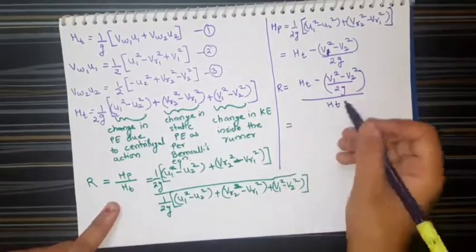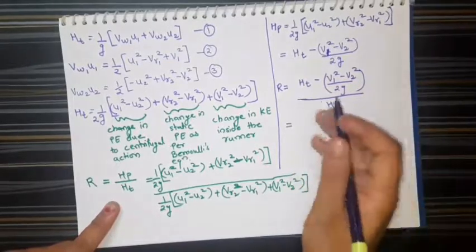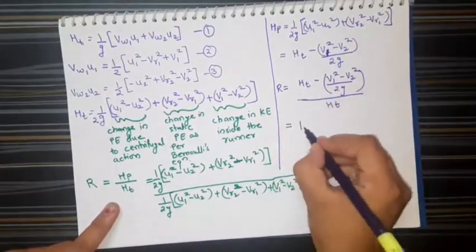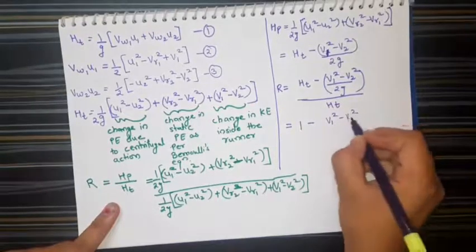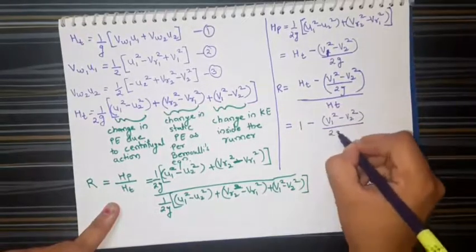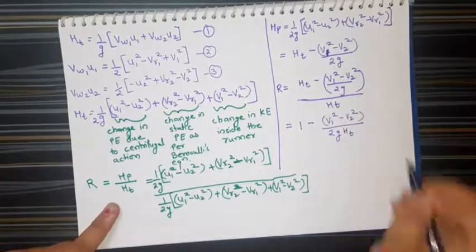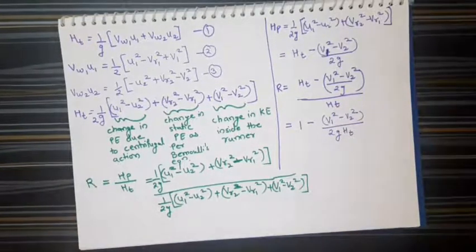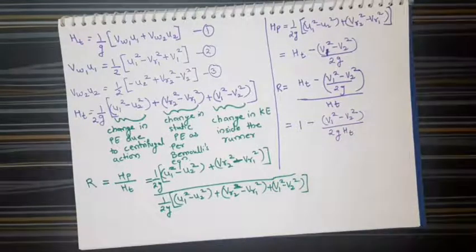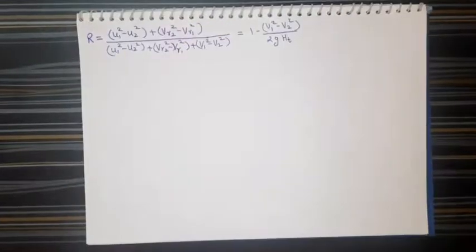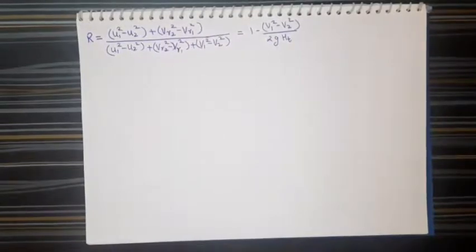So if we separate both the terms, then we will get 1 minus V1 square minus V2 square upon 2G HT. So this is the degree of reaction for any turbine. Now let's see the degree of reaction for Pelton turbine. This is the general equation for degree of reaction for all types of turbine.